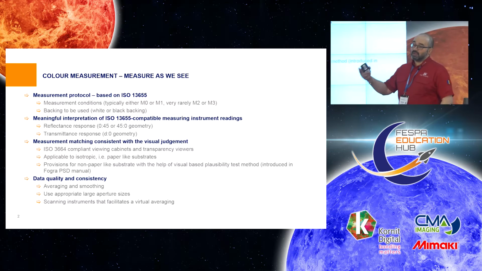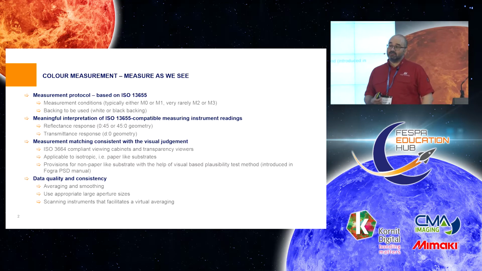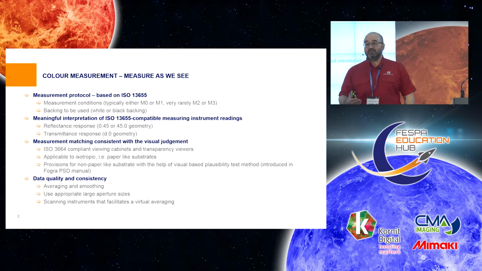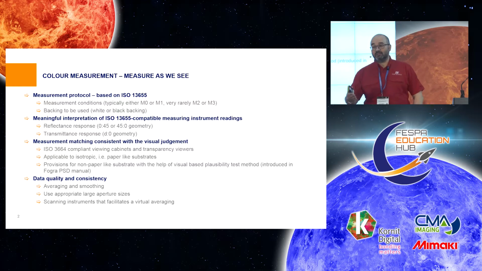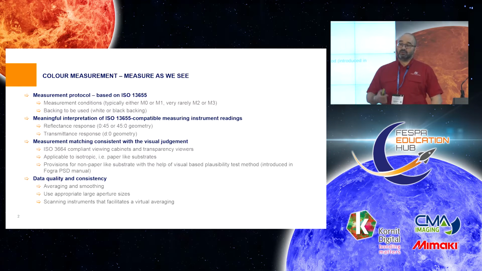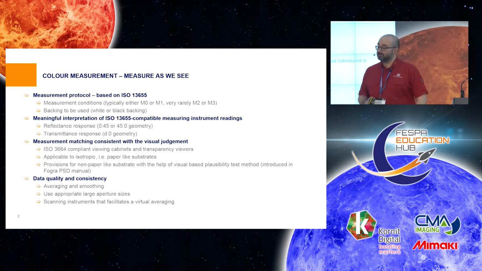These are the two types of geometries that are widely used in graphic technology. So in order to close the loop, we also need specific viewing booths or transparency viewers, so the observer has the right viewing condition when observing the same reproduction that we measured.